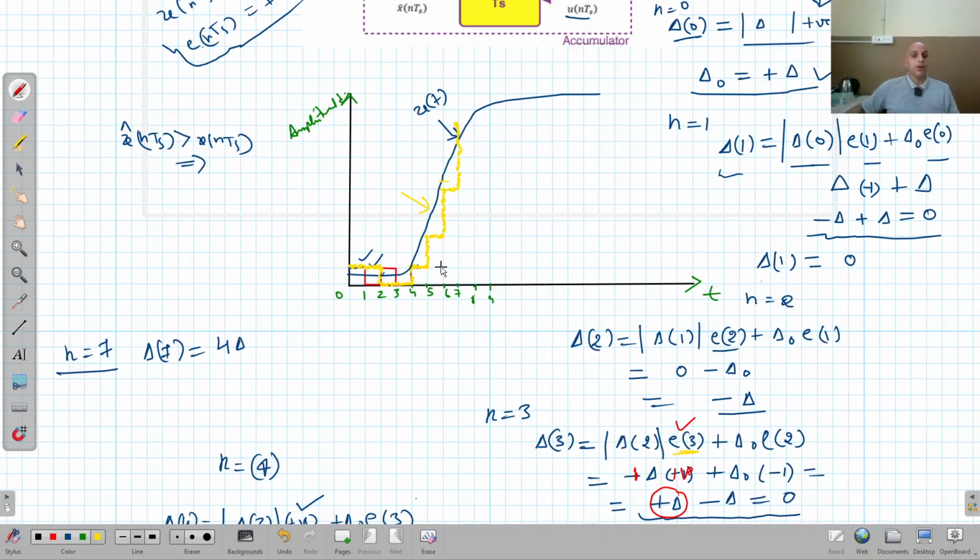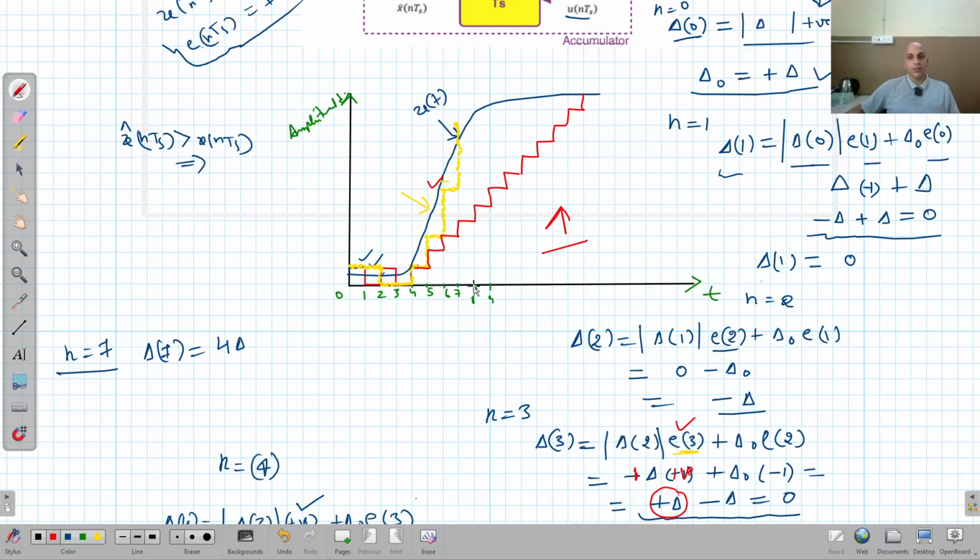Earlier it was not catching, it was rising in this way, right? In this case, it won't be able to catch the information signal. But here it is able to catch it, right? So this is the difference that I talked about in the beginning. This was the slope overload problem.